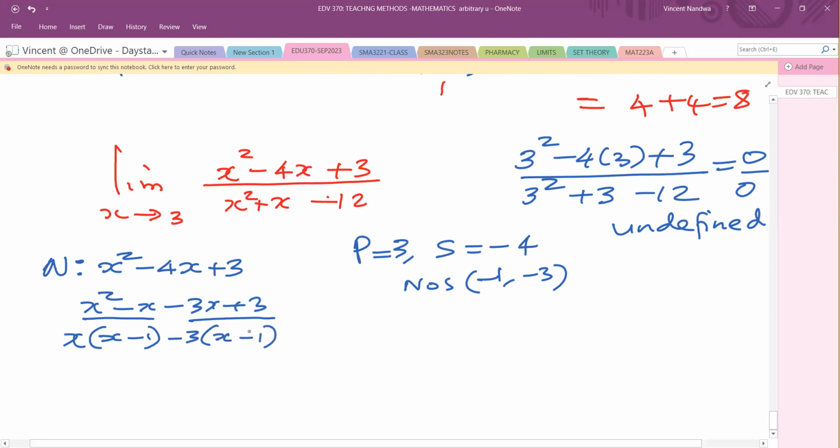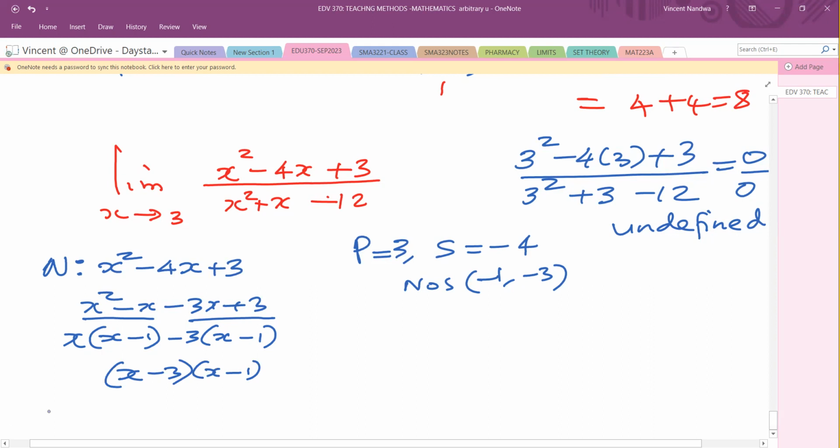Remember hizi bracket mbili zinapaswa zifanane. And if you try to open this one, utaona hii -3 na -1 bado inapata +1. So hii hapa inamaanisha we take x to join to this -3 na tunachukua hapa one of the x minus 1. Si ndio? Yeah. Sasa hiyo ndio factorization ya numerator.